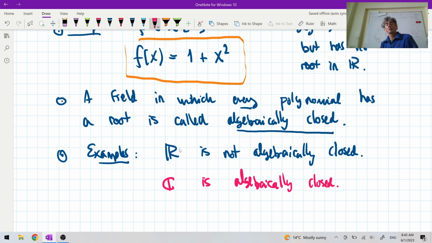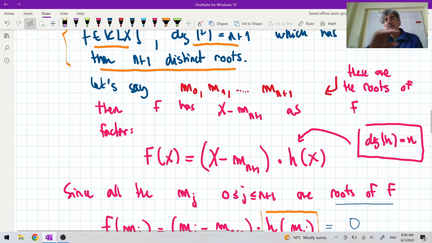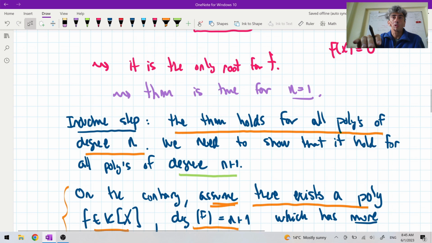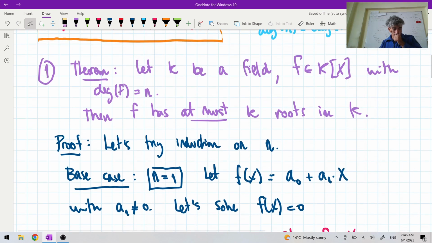Every polynomial in C has a root in C. That's a very important theorem in the theory of fields. So it might well happen that we have less roots than its degree, but we definitely cannot have more roots than its degree.